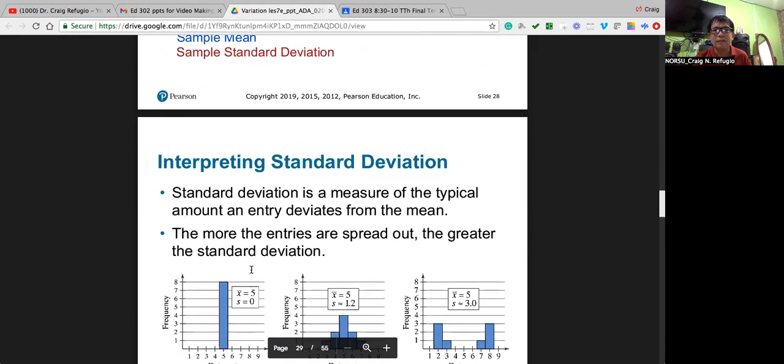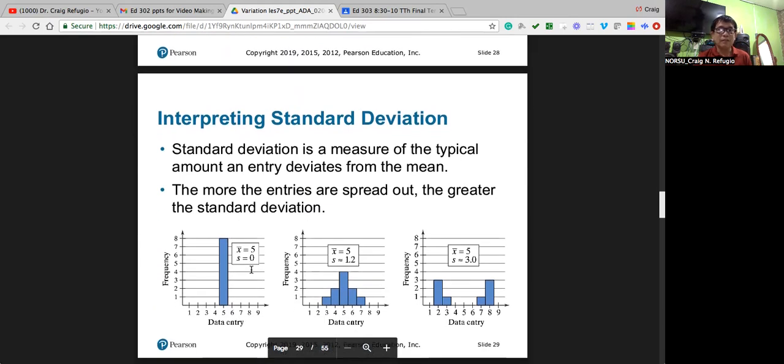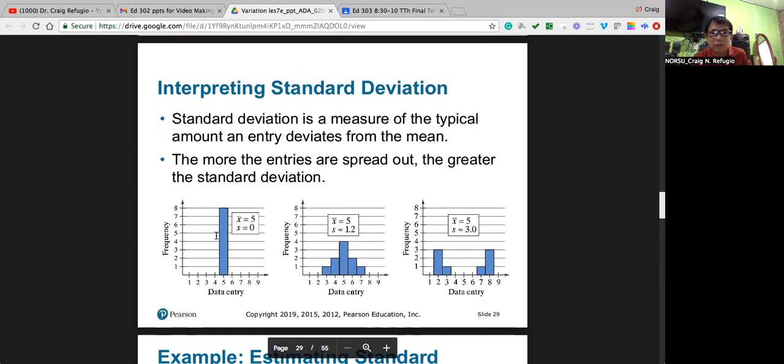Interpreting standard deviation. Standard deviation is a measure of the typical amount an entry deviates from the mean. The more the entries are spread out, the greater the standard deviation. If you look at this data entry with only one value, x bar is equal to 5, and there is no standard deviation. The standard deviation is 0.